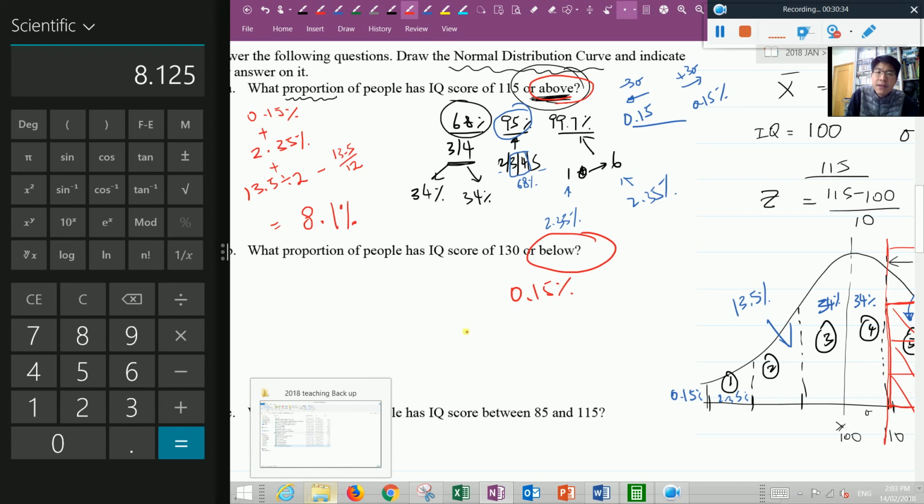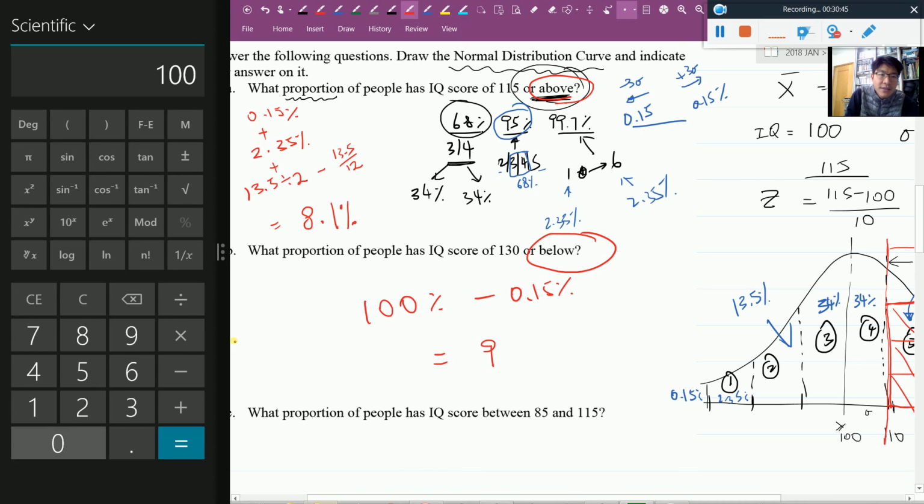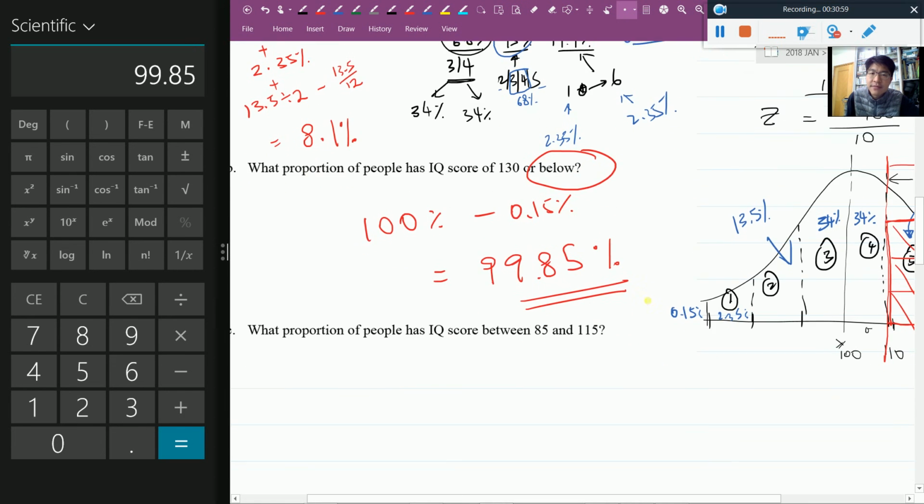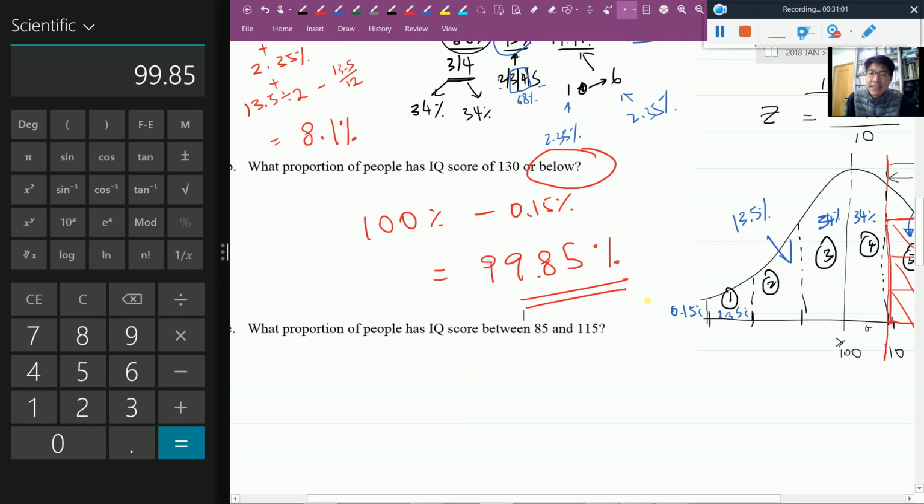If out of 100%, only 0.15% get 130 and above, take that away. So 100 take away 0.15 is 99.85. 99.85% of the people will be below 130. Okay?